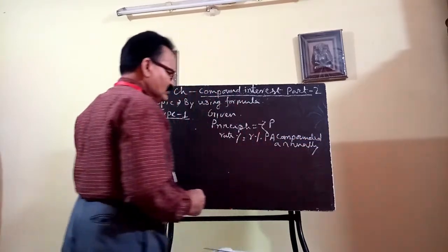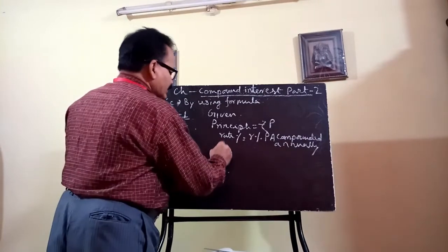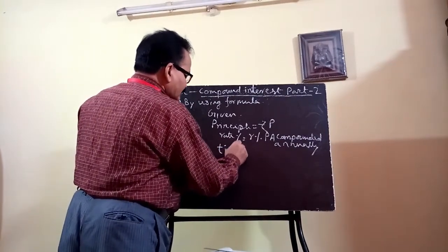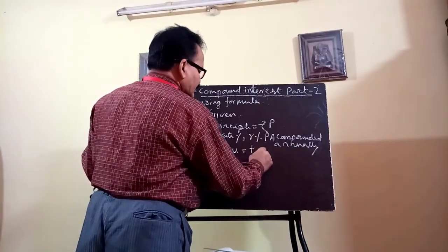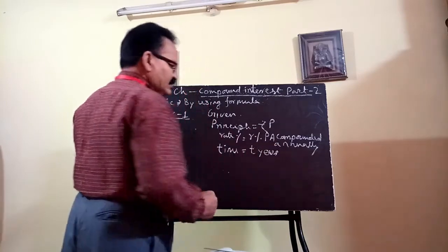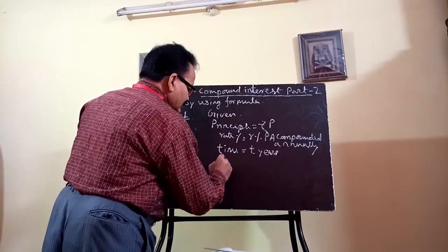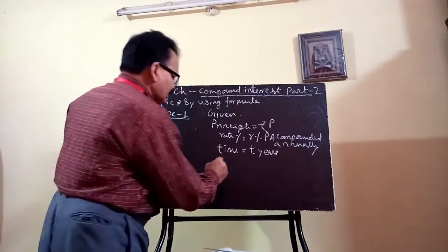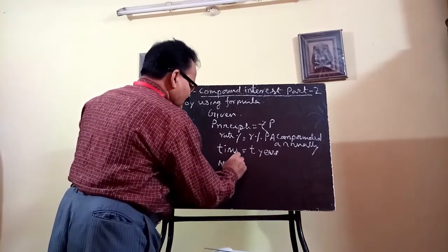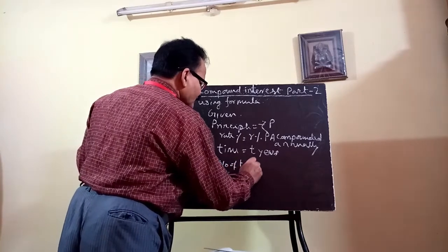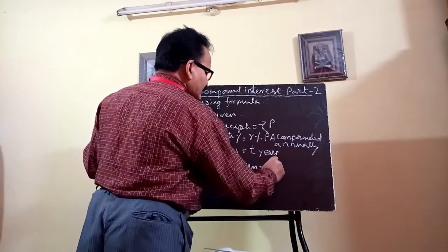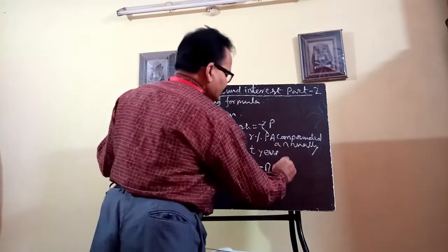This part is also given: rate percent, and time is T years. Then you have to find out n. N is the number of terms, and n equals T terms.